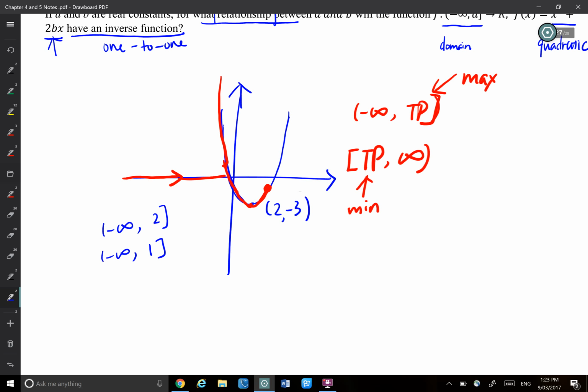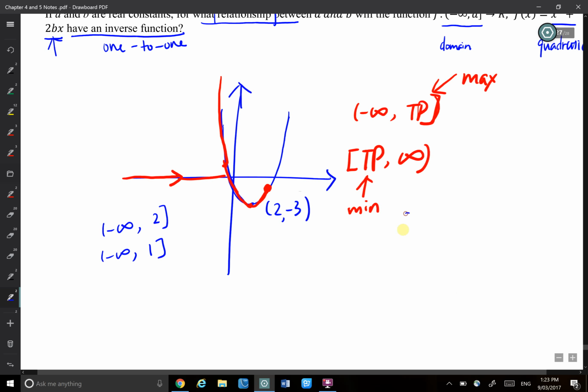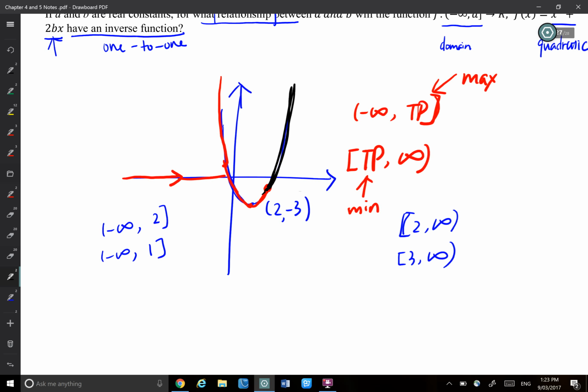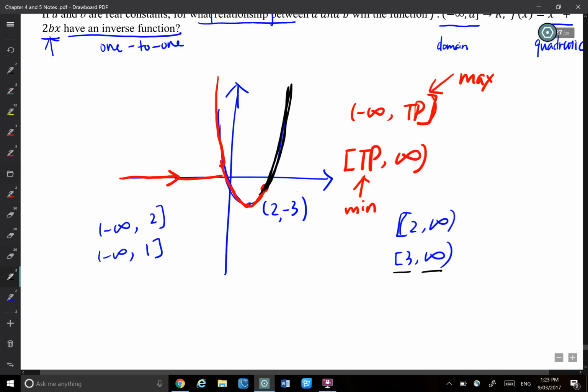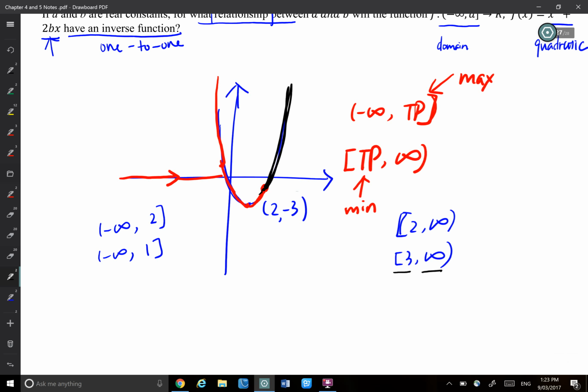Or if you start from the turning point to infinity, you start at 2 to infinity. Or I can start from 3 to infinity, like this black part of the graph. That's still a one-to-one function. So if I start after the turning point, it can be 3 to infinity or any number greater than 2 to infinity. So for it to be a one-to-one function, the maximum set is negative infinity to 2 or 2 to infinity.